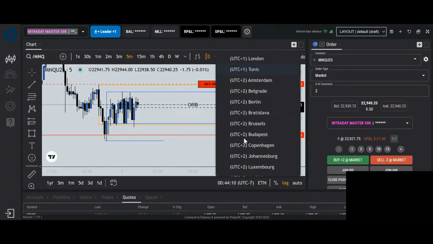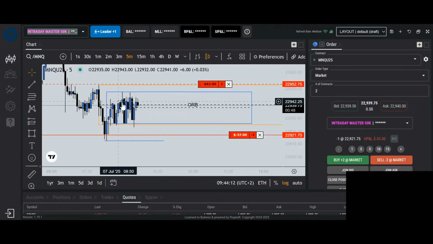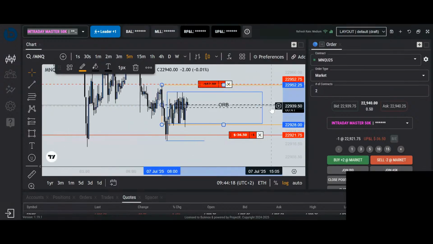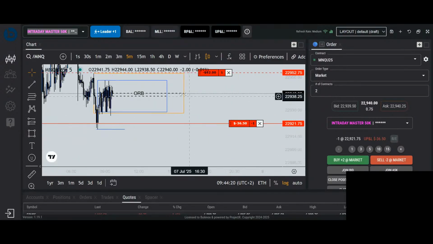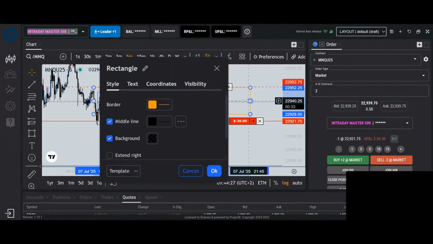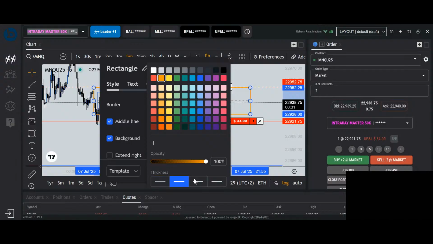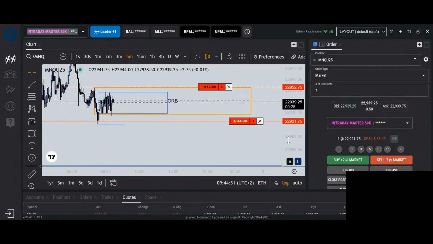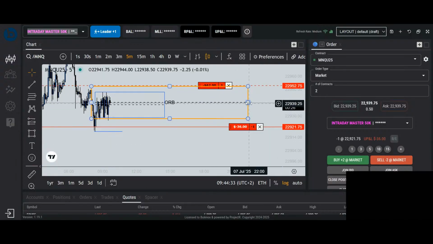If we take my time zone, that would be 9 to 9:15. And mine is pre-ORB, so that's an hour early. This is the orange box that you see here. Maybe I'll make it a bit bigger. So this is pre-ORB.